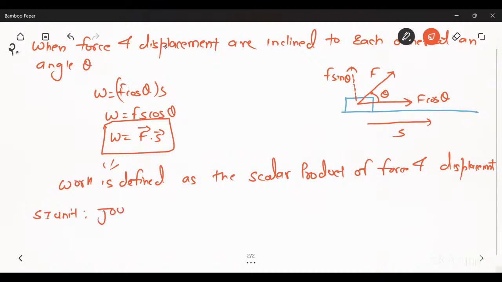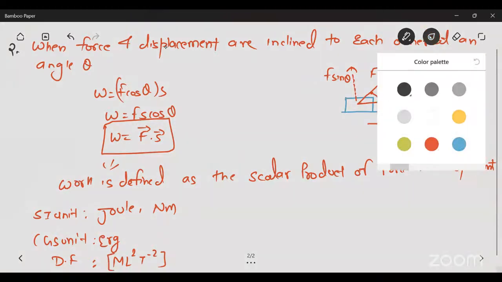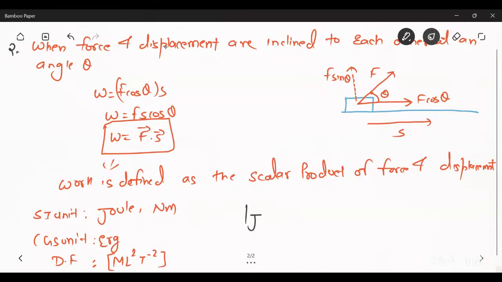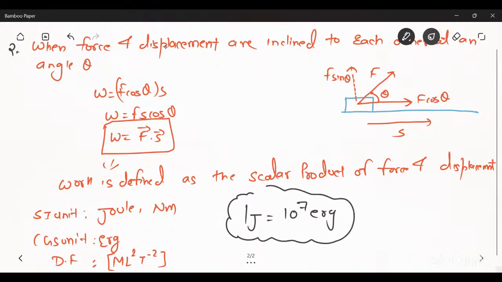And the CGS unit is erg. And the dimensional formula: force has dimensional formula MLT minus 2 and displacement has L, so the dimensional formula will become ML2T minus 2. Now the relation between its SI unit and its CGS unit: 1 joule is equal to 10 to the power 7 erg.